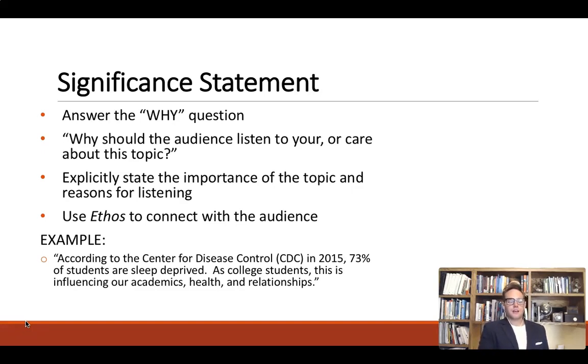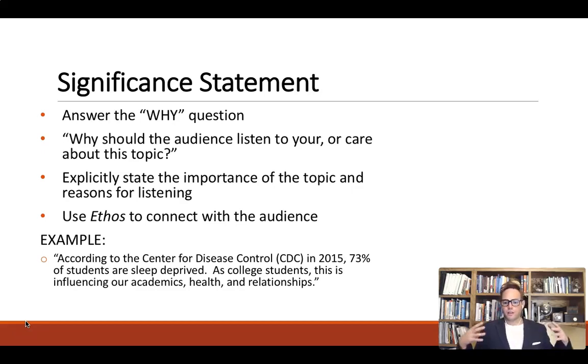So this was an excerpt from my student's speech a few years ago. And this is, according to the Center of Disease, the CDC, in 2015, 73% of students are sleep deprived. As college students, this is influencing our academics, our health, and our relationships.